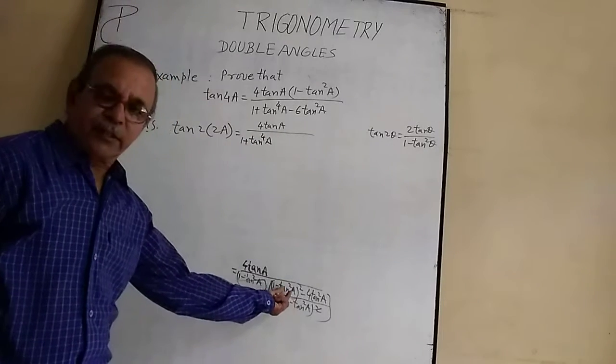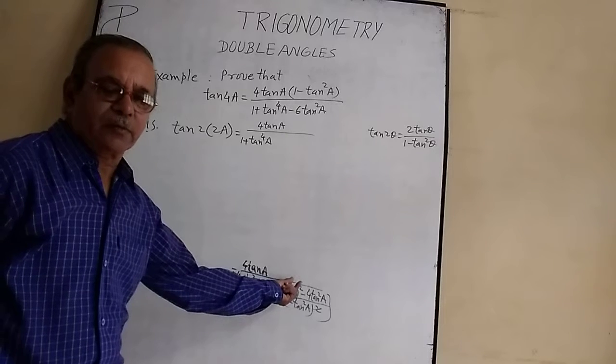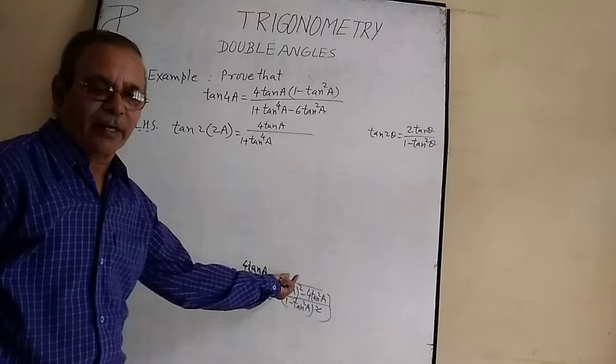This (1 minus tan square a) whole square can be written using (a - b) whole square is equal to a square plus b square minus 2ab.